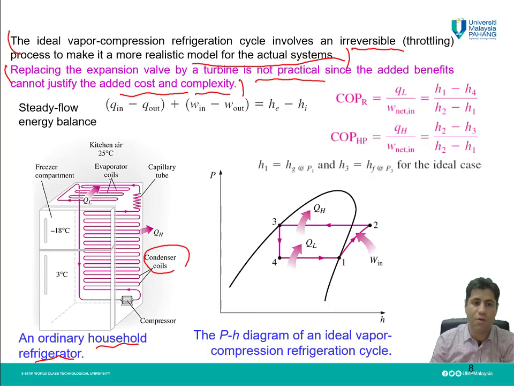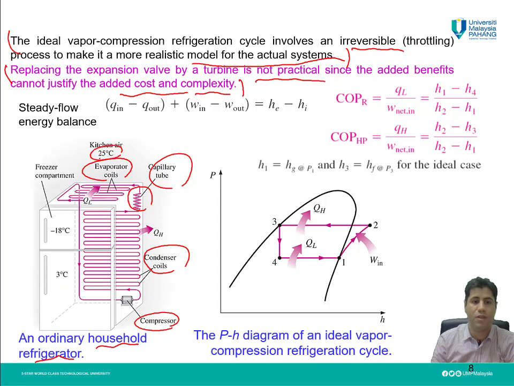Here you can see the evaporator coils, which absorb heat from inside the refrigerator. And here is the capillary tube. This is that expansion valve, or throttling valve, which I told you about in the previous slide. And also the compressor, which is usually at the bottom of the refrigerator.